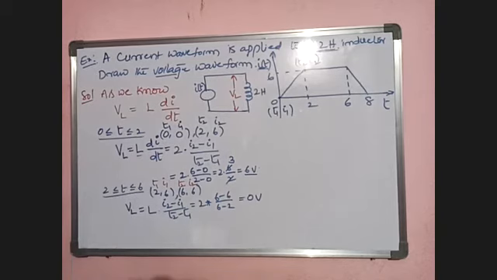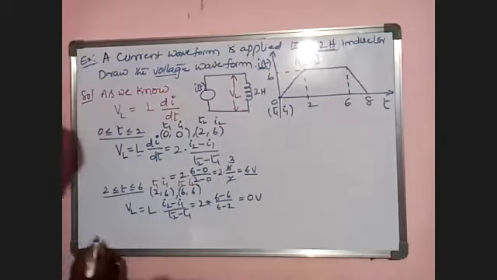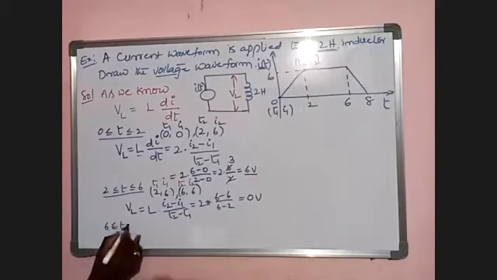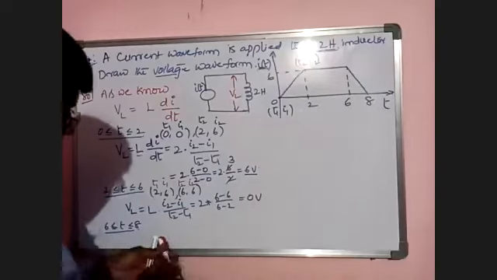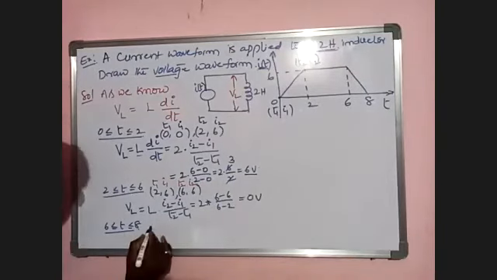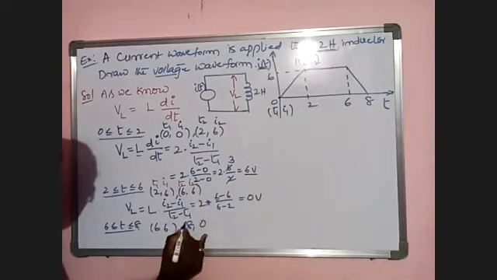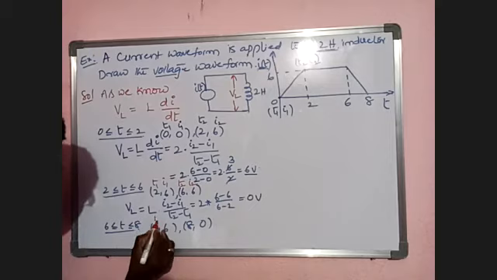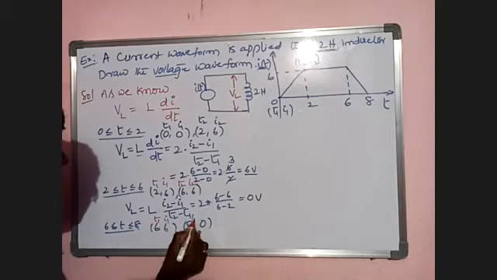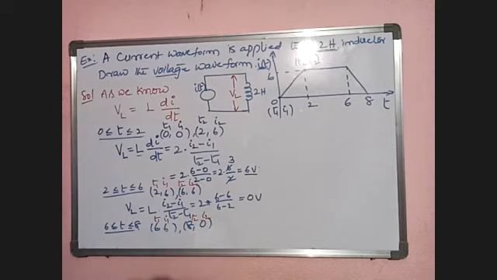Coming to the third interval, 6 to 8. 6 less than or equal to t, less than or equal to 8. The two points at the two ends are 6, 6 and 8, 0. Again call them T1, I1, T2, I2.